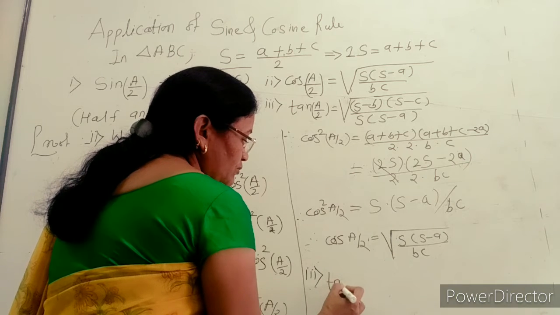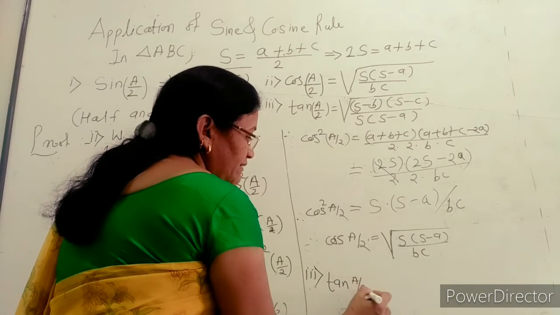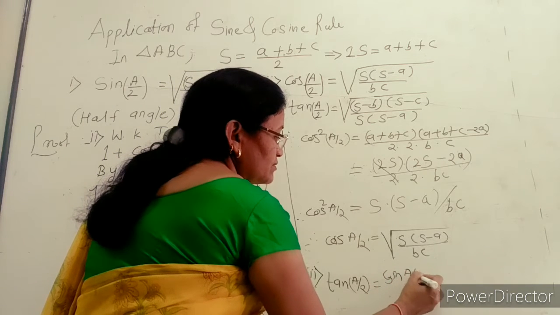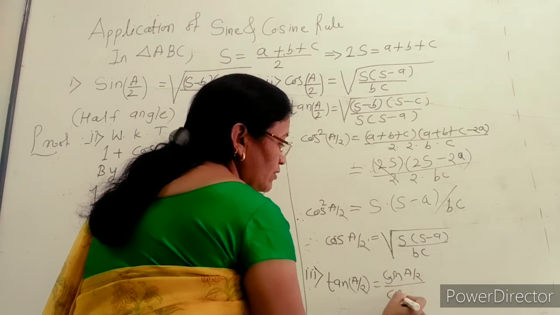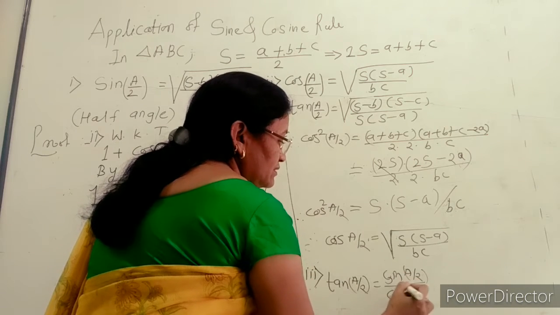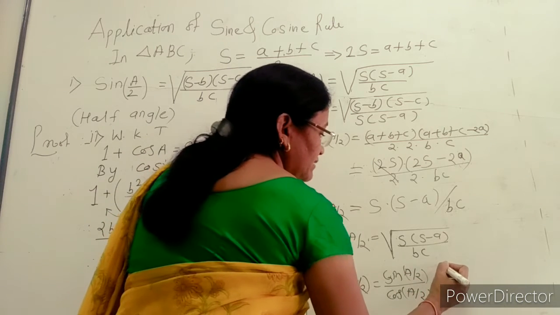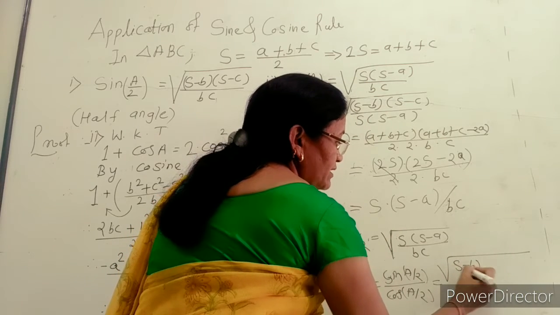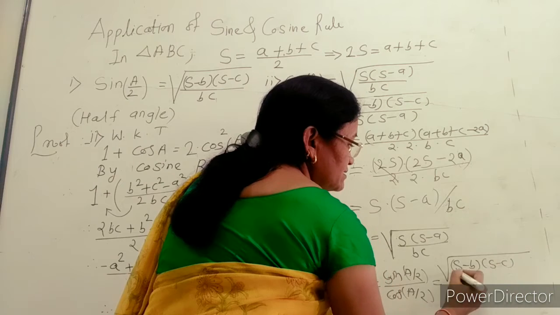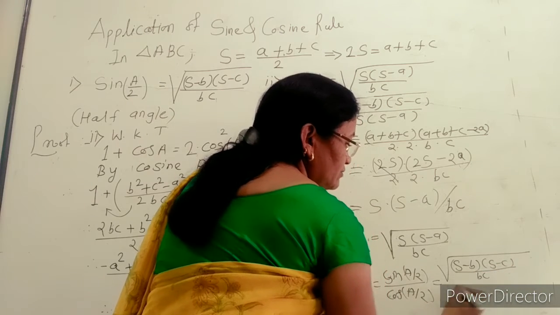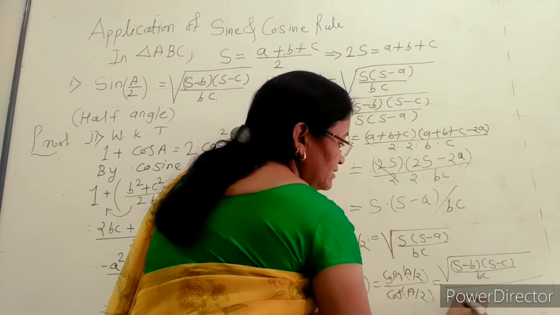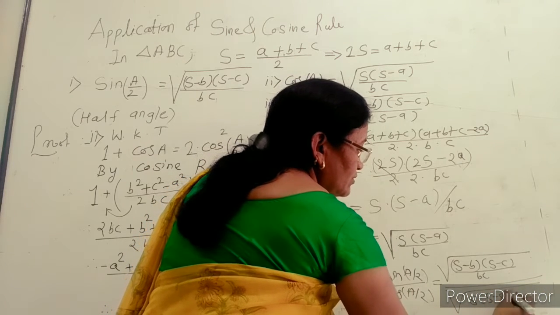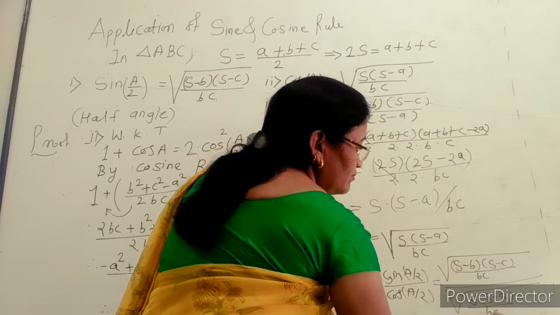Now we find the third proof, which is only by division of sin A by 2 with cos A by 2. So we take the result of sin A by 2 divided by cos A by 2. What is sin A by 2? That is under root of s minus b into s minus c upon bc, divided by cos A by 2, that is under root of s into s minus a upon bc.